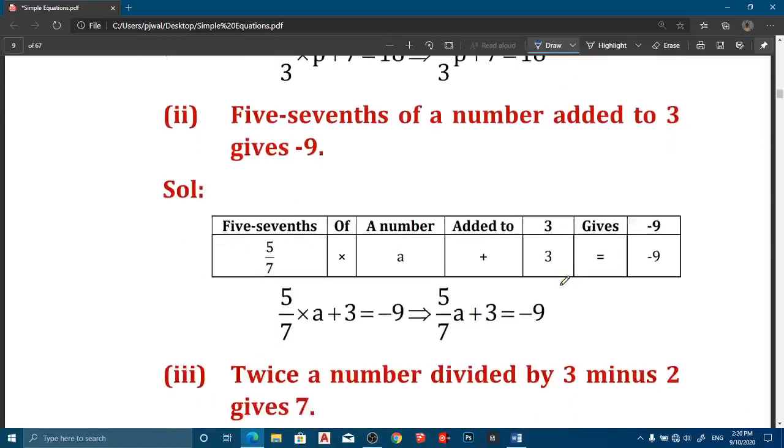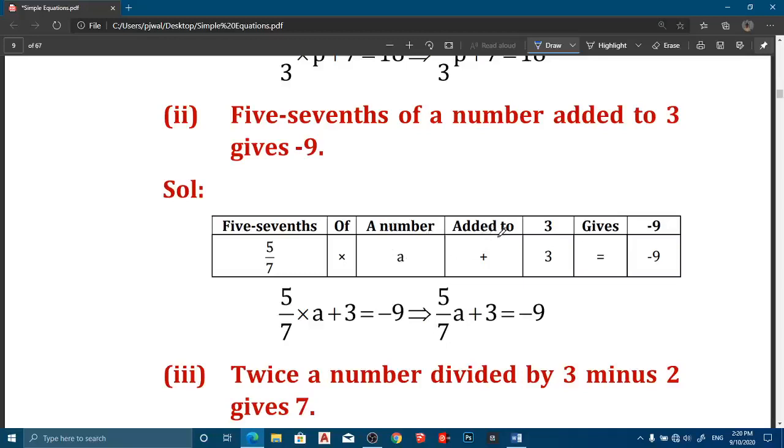Next, 5/7 of a number added to 3 gives -9. Again, I am splitting it into words. 5/7 of a number added to 3 gives -9. So 5/7 means how can I write this? 5 by 7. "Of" means into a number, and I am taking it as an unknown number, a literal factor, a here.